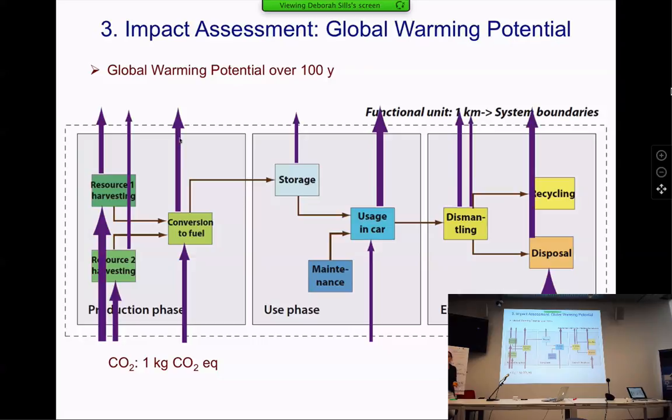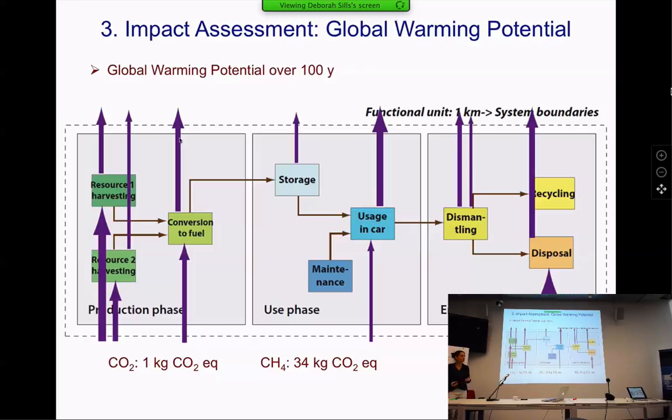And based on the last IPCC study, 1 kilogram of methane is equivalent to 34 kilograms of CO2 equivalents. This is over 100 years, so it's a 100-year impact. For 20 years, it's actually quite a bit more, because methane doesn't last very long in the atmosphere. So for fossil CO2, 1 kilogram of fossil CO2 is 1 kilogram of CO2 equivalent.